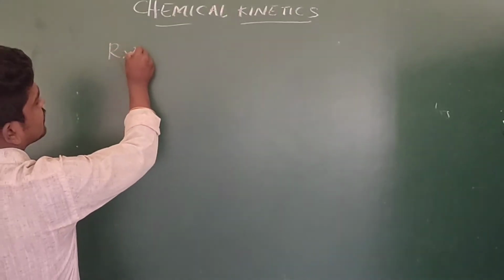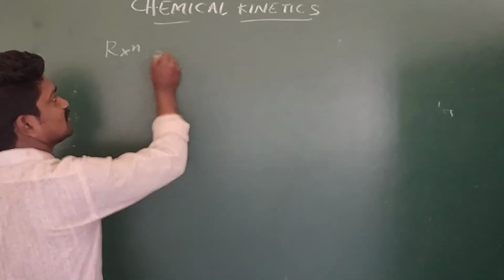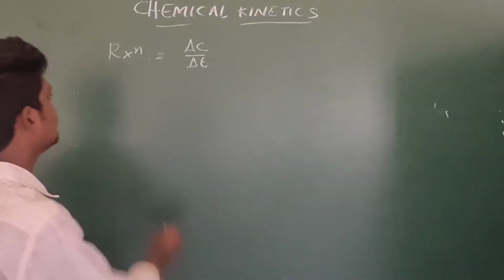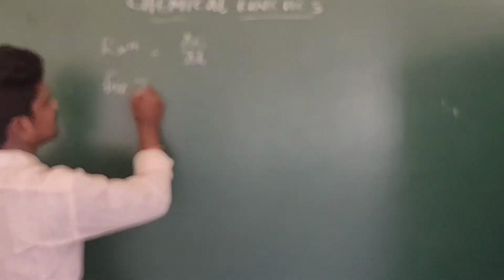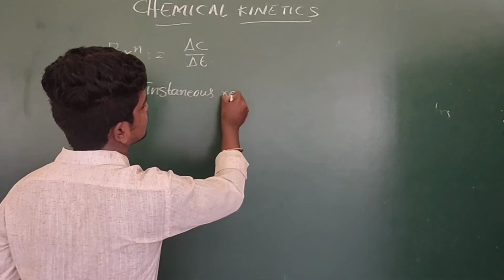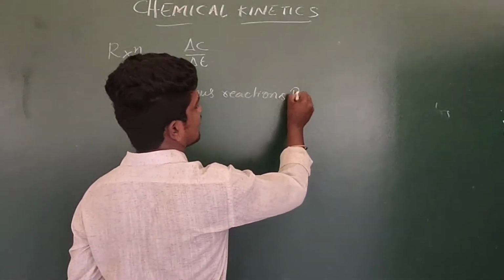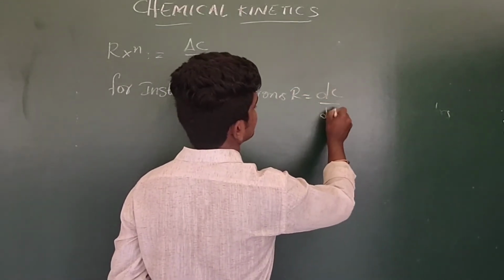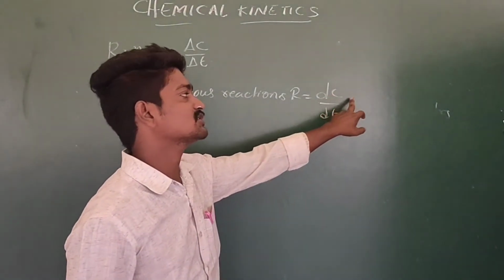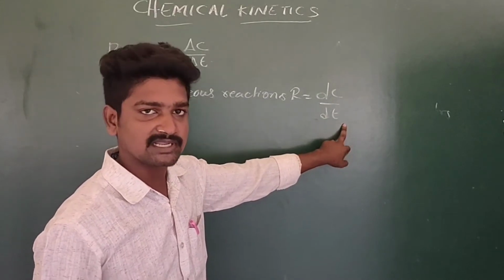We know the rate of reaction for large intervals is delta C by delta T. For an instantaneous reaction, we write R is equal to dC by dt, that is the derivative of the concentration of reactants or products with respect to the time interval t.